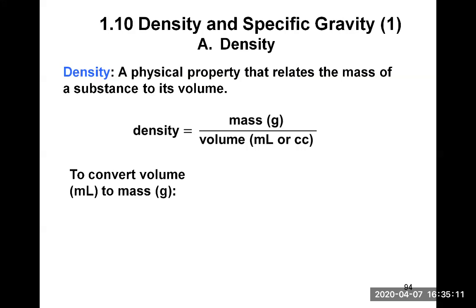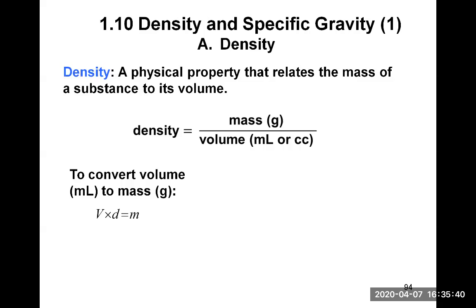If you have a volume and you know the density, density will allow you to convert that volume to a mass. If you look at the formula that says density is mass over volume, and you multiply both sides by volume, then you have volume times density on the left and mass over volume times volume on the right.